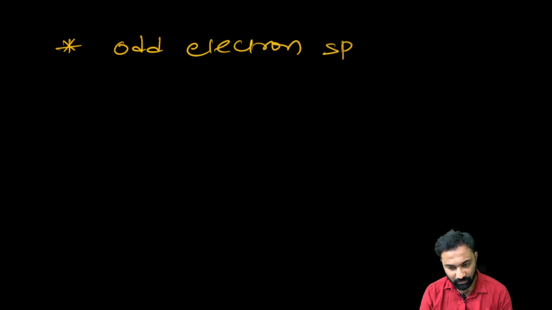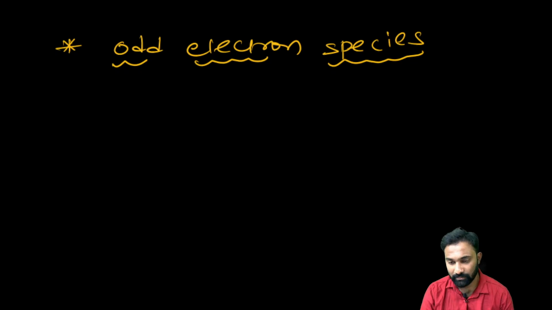Next one, we have the odd electronic species. Now, what is the meaning of odd electronic species or the odd electron? The central atom has an odd electron on it.